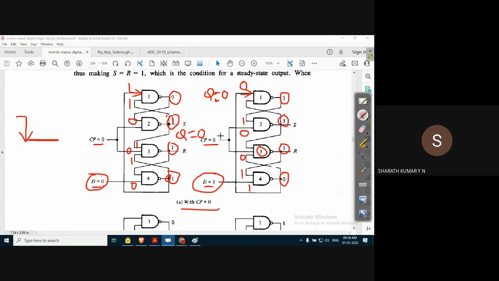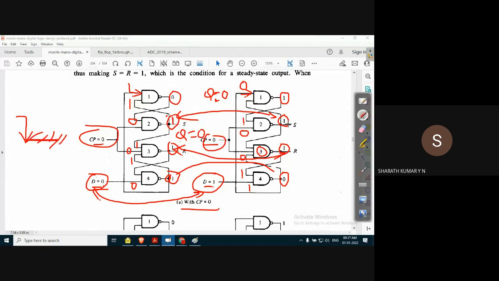So what we observe is that clock pulse is still 0, S and R are both set to 1, though D changes from 0 to 1. When clock pulse is still low, S and R are equal to 1.